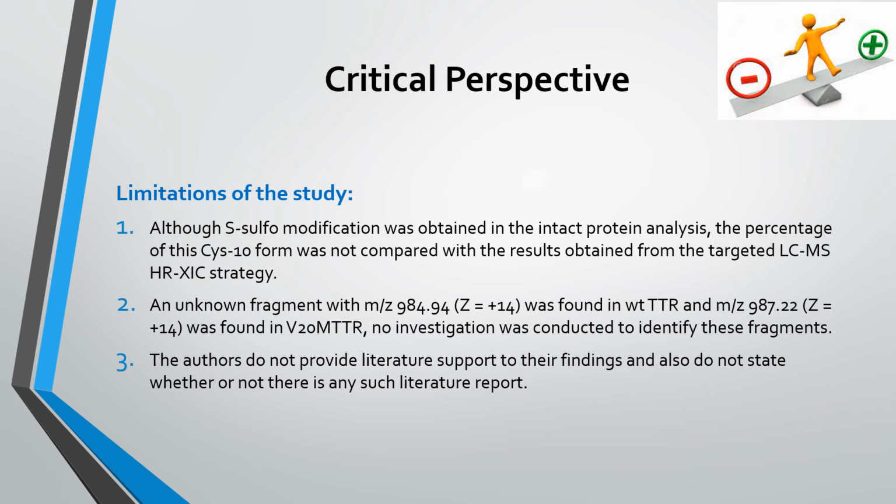However, the authors did not attempt to identify this fragment or the corresponding post-translational modification of TTR. The results obtained from both intact protein and targeted LCMS high-resolution extracted ion approaches were not compared with literature values, and neither do the authors mention whether or not there are literature reports to support their findings.